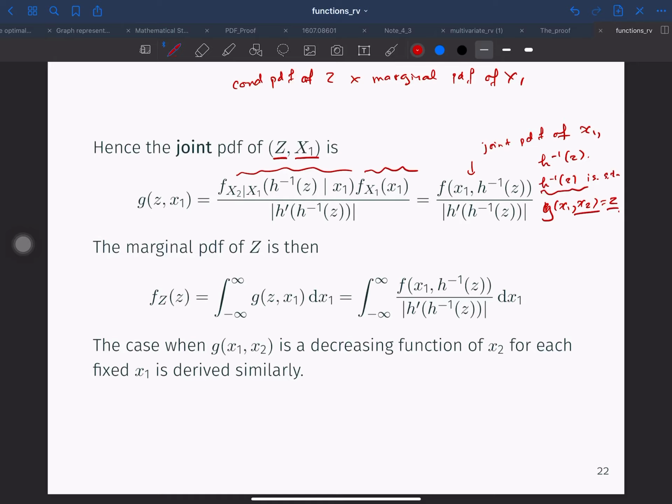So I have the joint PDF of Z and X1. Then to get the marginal PDF of Z, I just have to integrate with respect to the random variable X1.